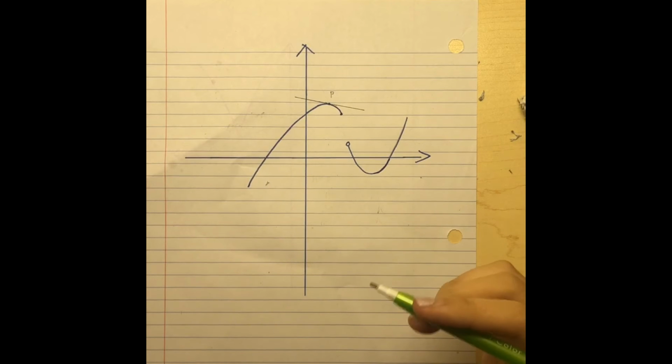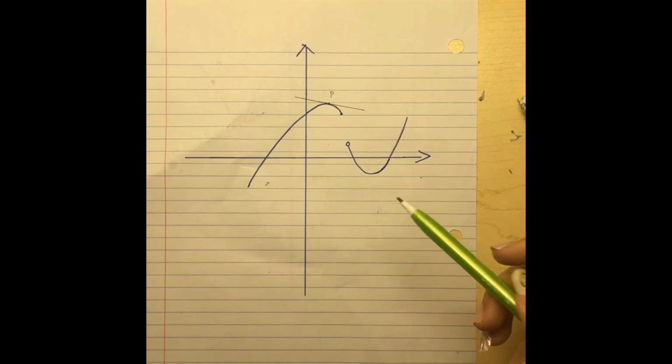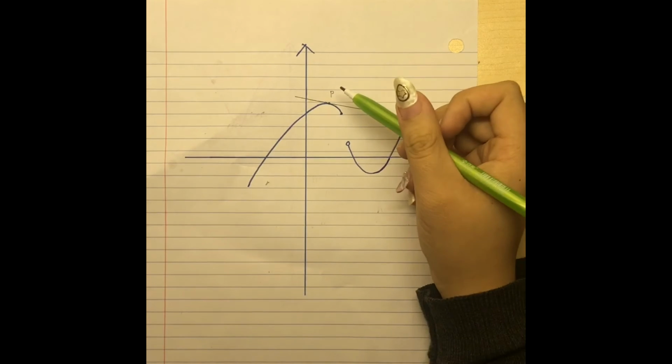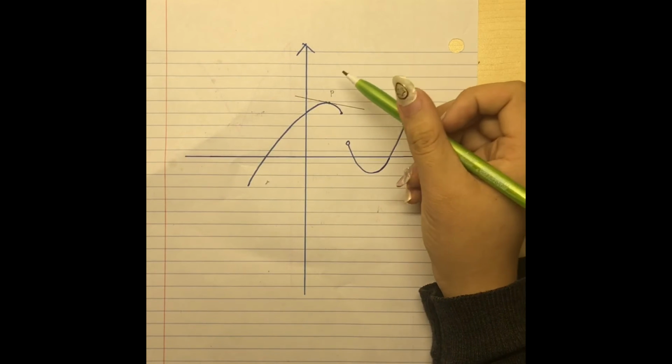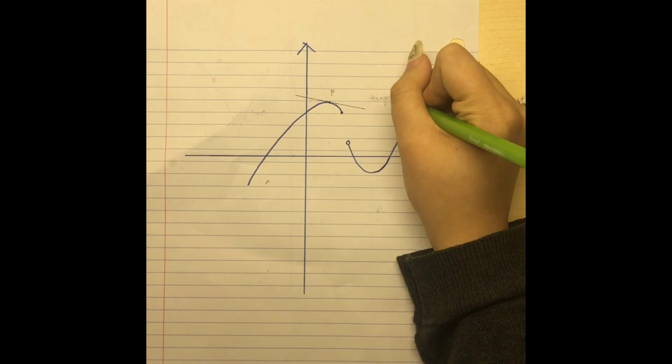I will give examples to show in what situation the point fails to have an IRC. So look, I get point P. This is its tangent line.